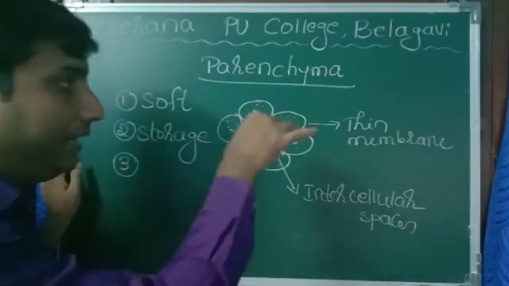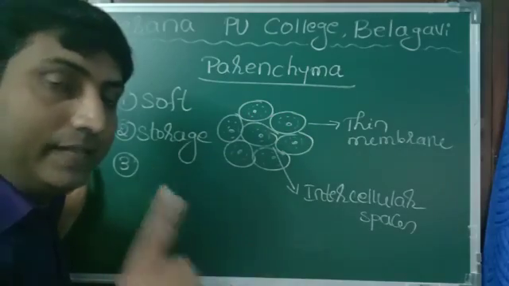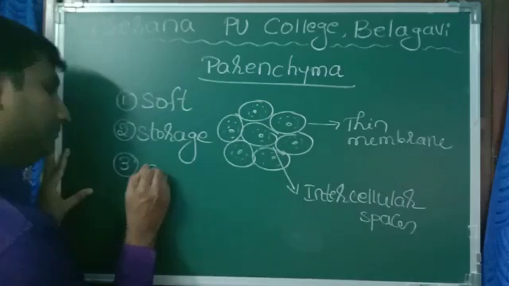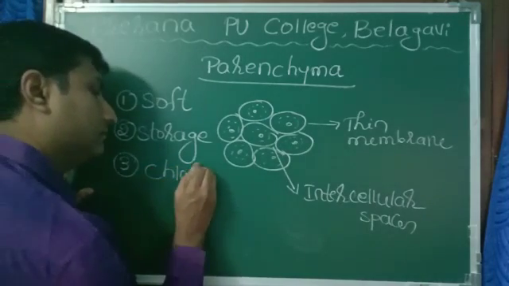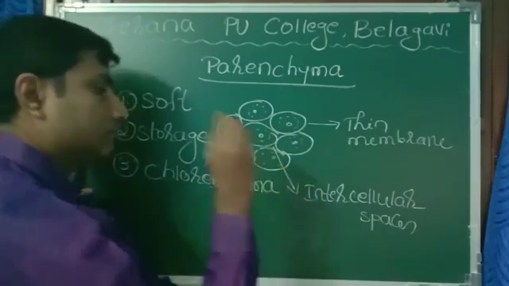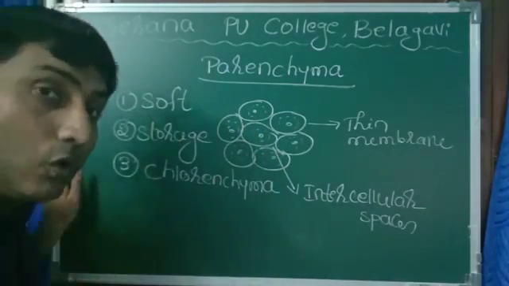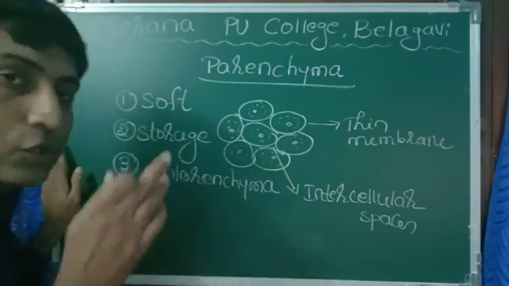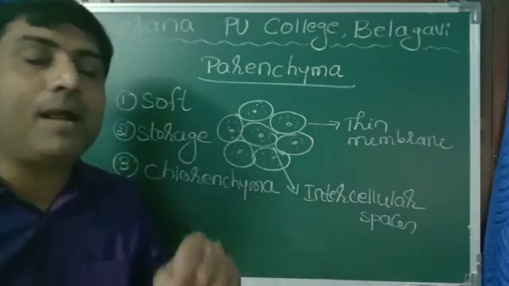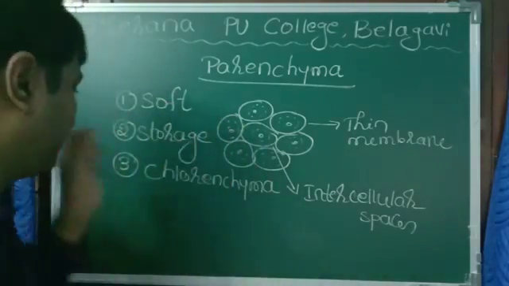Sometimes parenchyma tissue contains chlorophyll in it, and then we call that parenchyma chlorenchyma. And what is the function? You can guess now. It can participate in the process of photosynthesis.